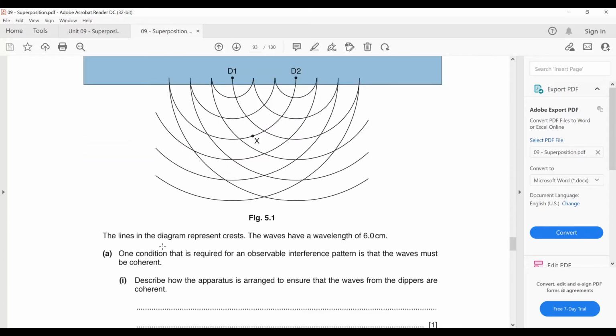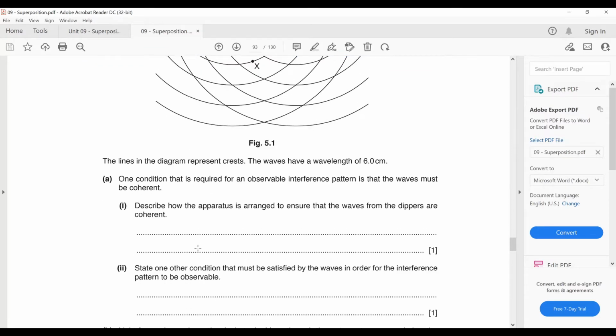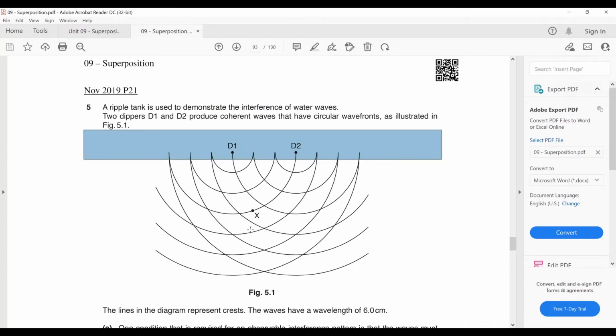The lines in the diagram represent the crests. The waves have a wavelength of 6 centimeters. One condition required for an observable interference pattern is that the waves must be coherent. Describe how the apparatus can be arranged to ensure that the waves from the dippers are coherent.